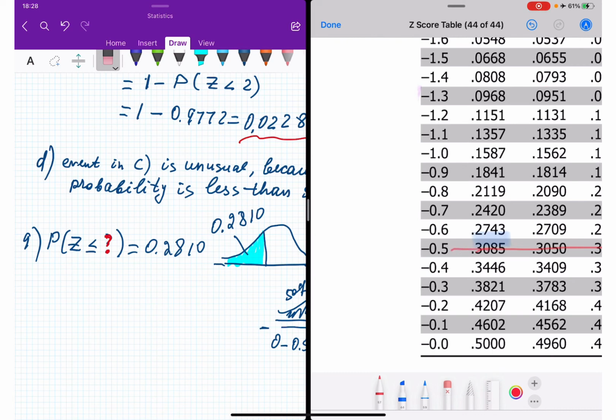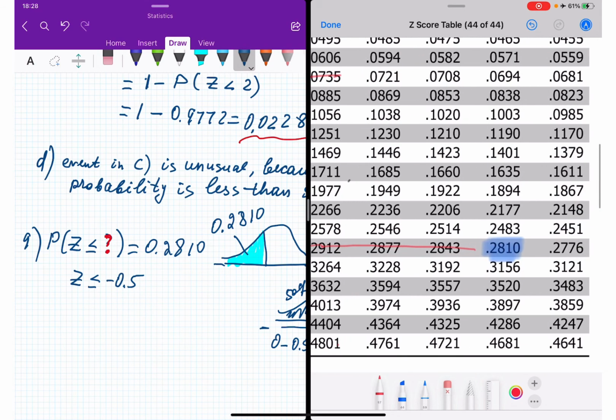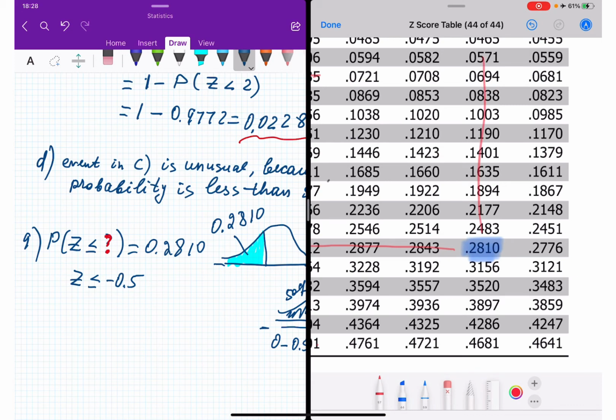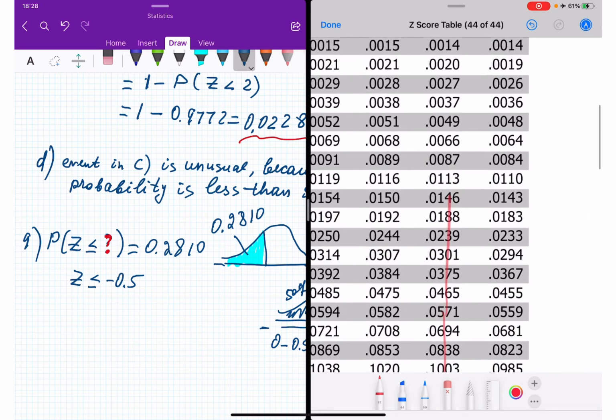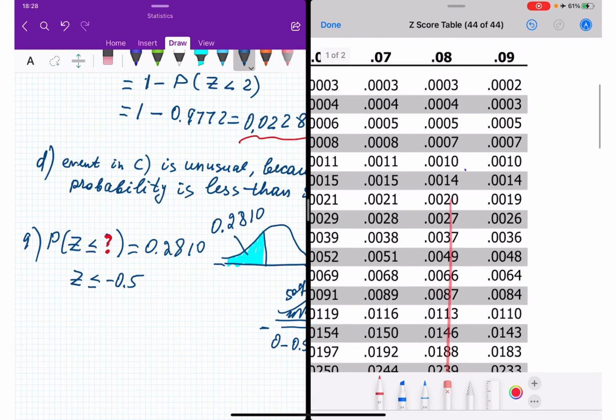Negative 0.5. So let's write down, z-score is equal to negative 0.5, and for the second decimal, let's go up. Looks like it's going to be 8. That's right, 8. So negative 0.58.